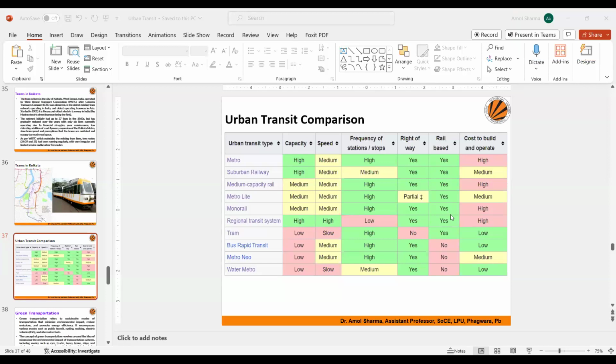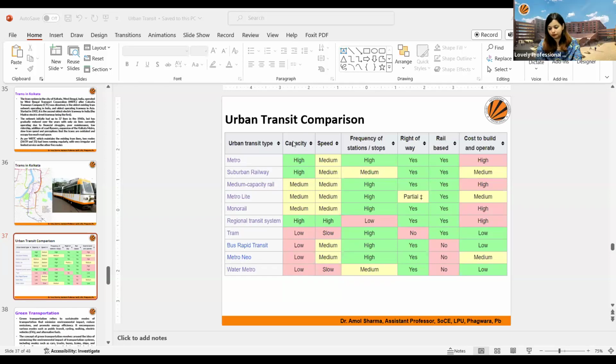Dr. Sharma has delivered an informative presentation on urban transportation, very enlightening. Furthermore, I'm going to share my screen. So please, will you please stop sharing? Dr. Amol, sir, please stop. Just a second, sir.